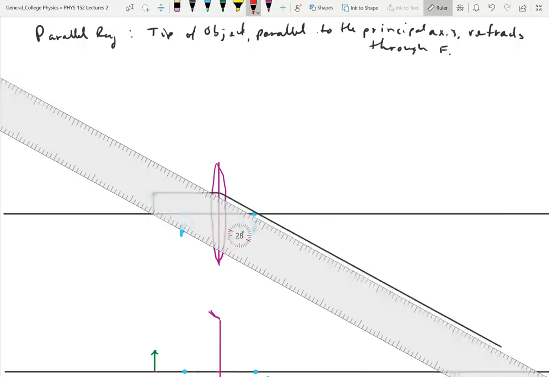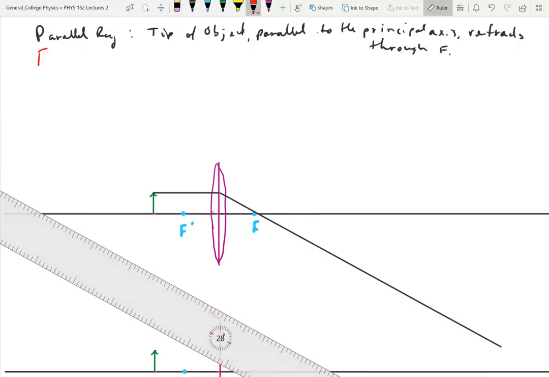Okay, the second ray will be the focal ray. It goes from the tip of the object through F prime in this case. Well, it's the focal point on the same side if it's a positive focal length.